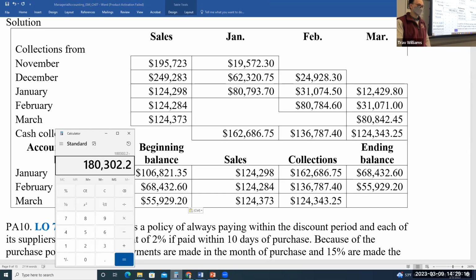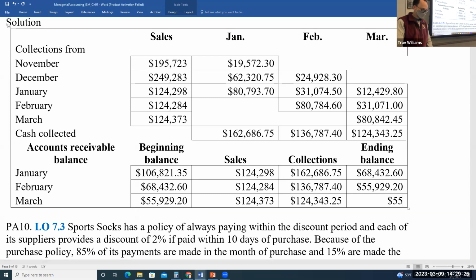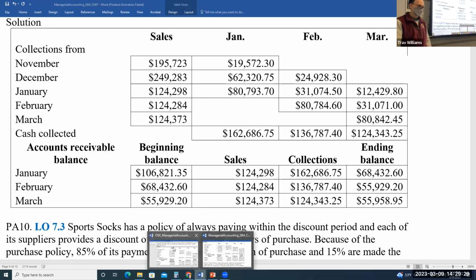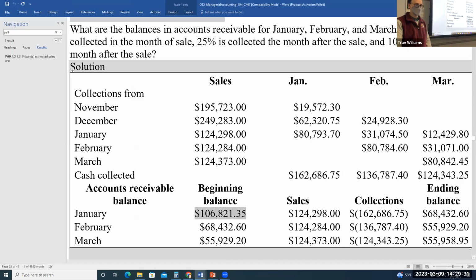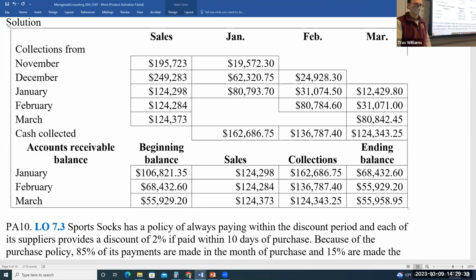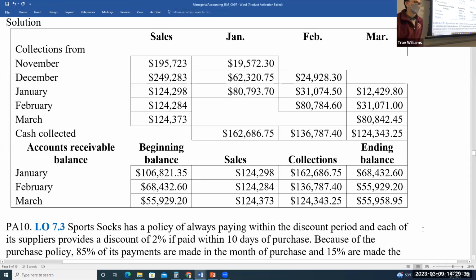Add the sales, subtract the collections, 55,958.95. That is correct. Okay. Any questions?